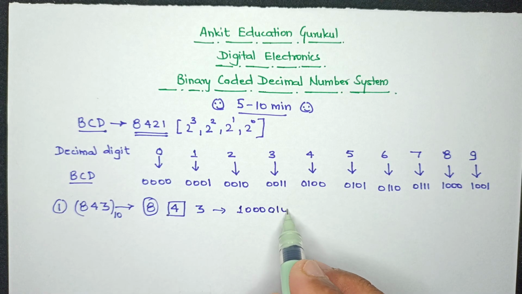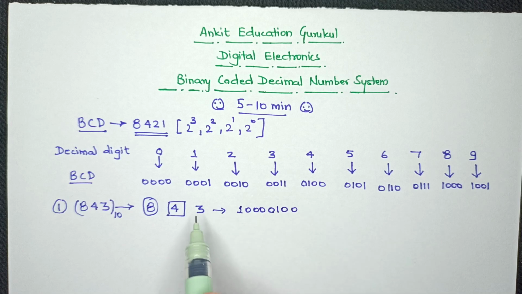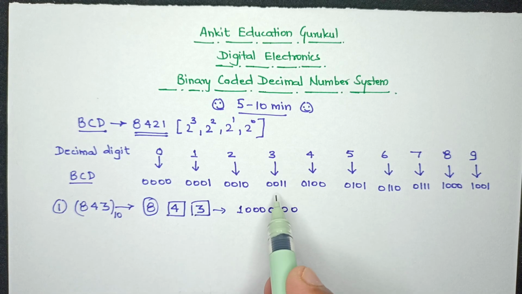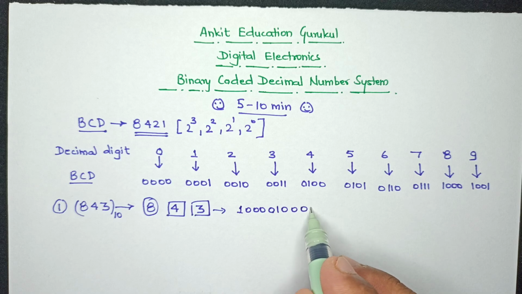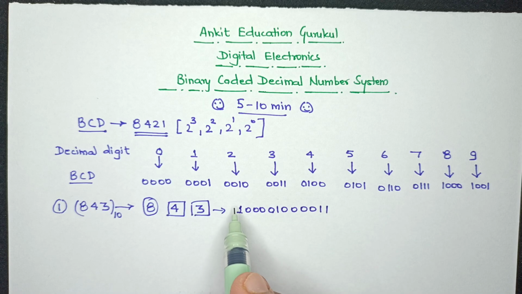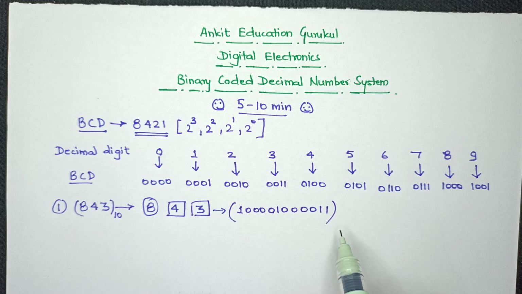And last but not the least, we have 3, which is represented by 0011. So this right here is technically the BCD code that we are looking for. It's pretty simple that way. All you have to do is replace each digit by its equivalent BCD, and directly you'll have your conversion.